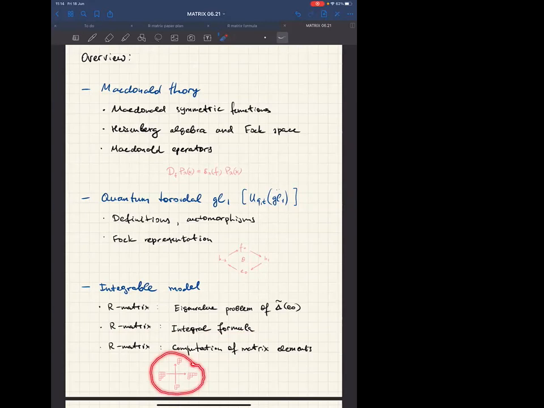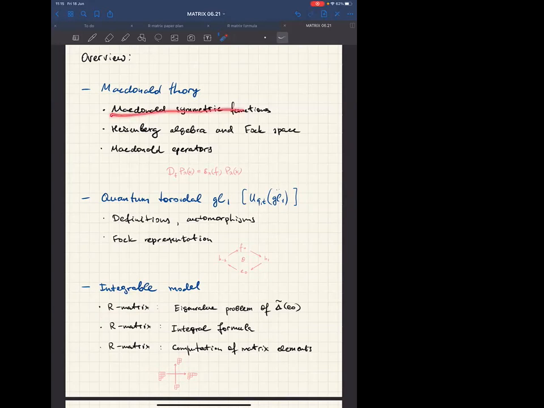In this vertex model, the vectors of the vector space are labeled by partitions. In this vertex, we have two partitions which propagate through the vertex, and the number of boxes is conserved. So we have two partitions, they break down boxes, and then they form new partitions. This would be a matrix element in this R-matrix.